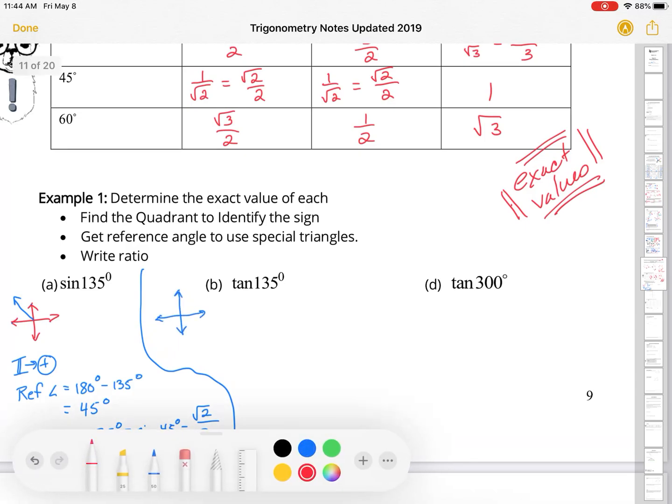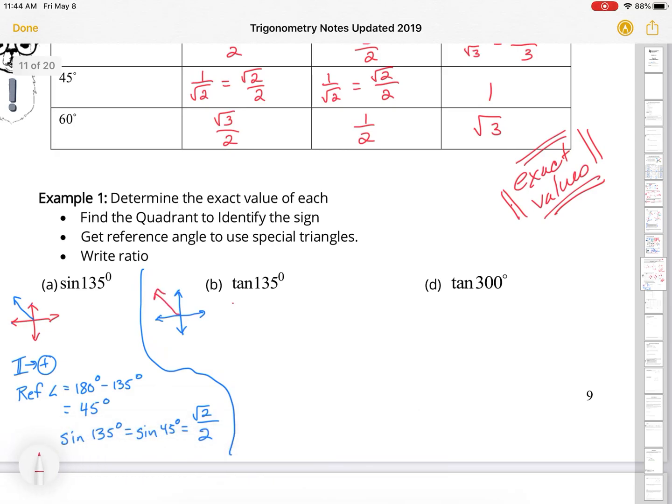Now let's look at tan 135. Same quadrant. However, in quadrant 2, tan is negative. The reference angle is 180 minus 135, which is 45 degrees.